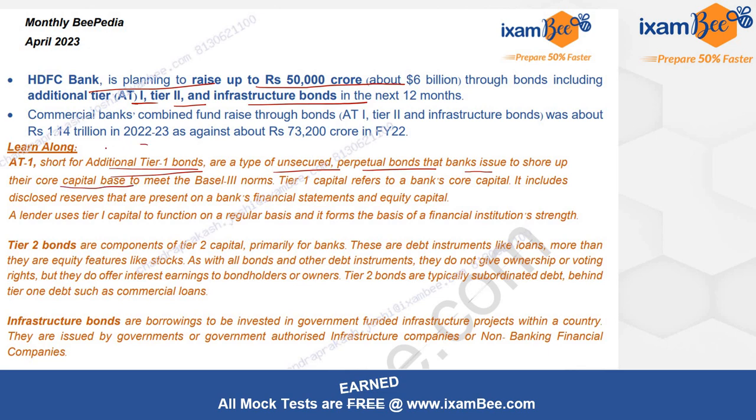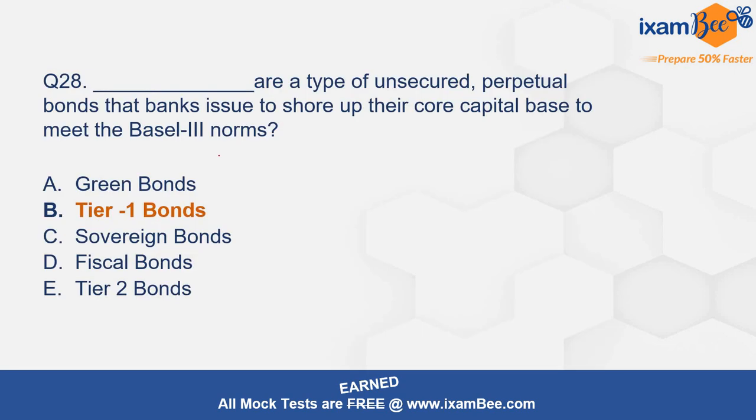The correct word is actually additional Tier 1 bond. Among the options, this seems to be the best one. This is a typing mistake by me. So the correct option is additional Tier 1 bond.